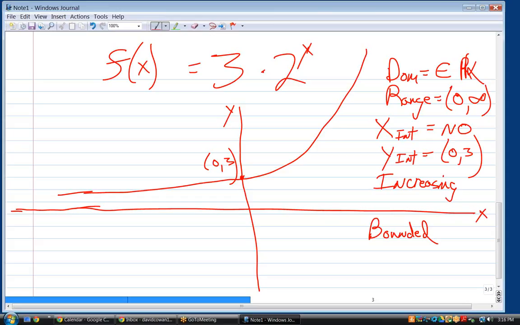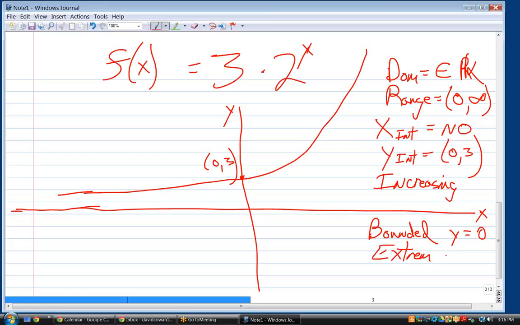Is it bounded? No. Well, it's bounded on the bottom by y equals 0. In other words, y equals 0 is a lower bound. Are there any extrema? I don't think so.